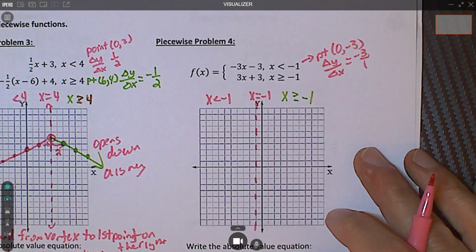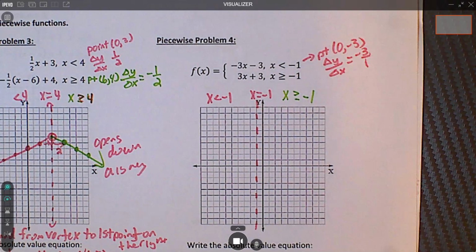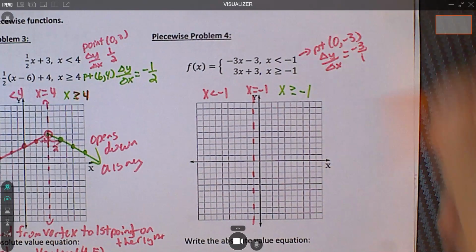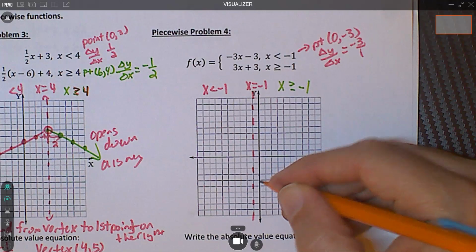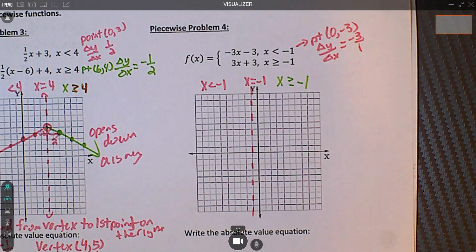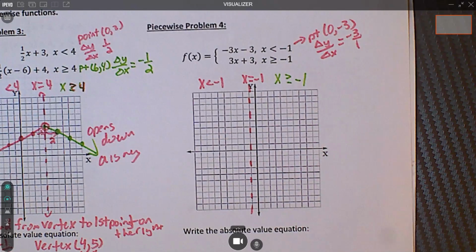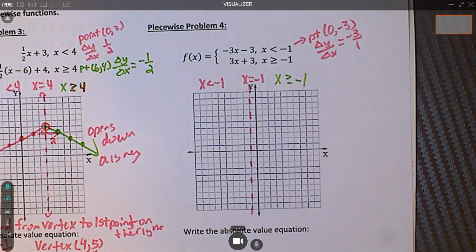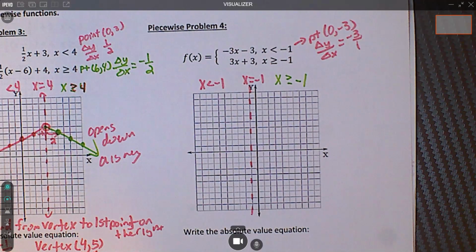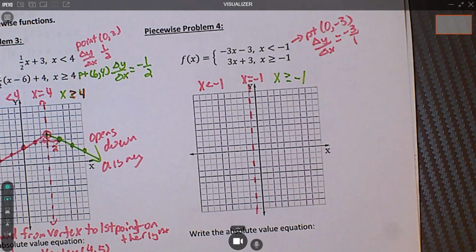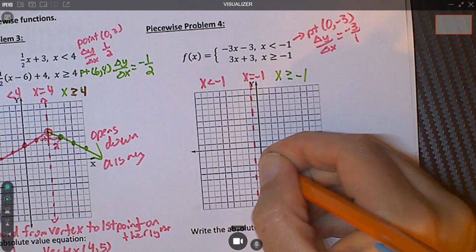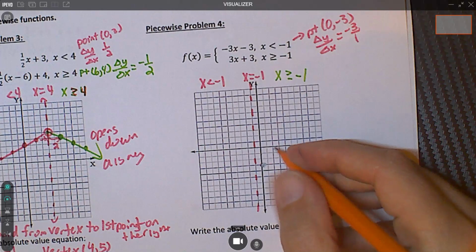We could use my technique where I go back and erase it later. Okay, so -3 is right here. Remember, we got to go down 3. Oh, when the x's are less than -1. So 0, -3 is here. And normally we would go what?